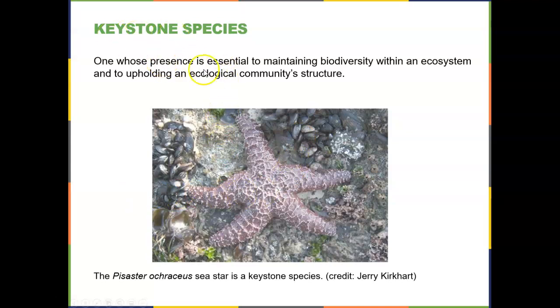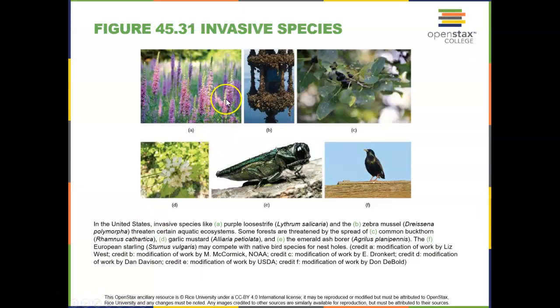Now, a keystone in a building is one of the particular structural elements in the architecture that keeps the building from falling down. So that's why we call this a keystone species. It keeps the whole area in check. And then we have invasive species. Invasive species we've talked about a little bit.